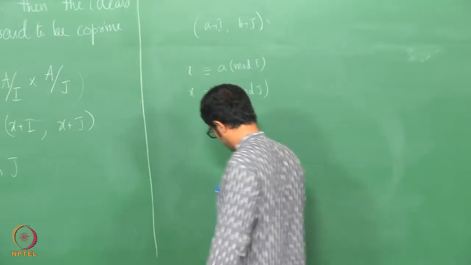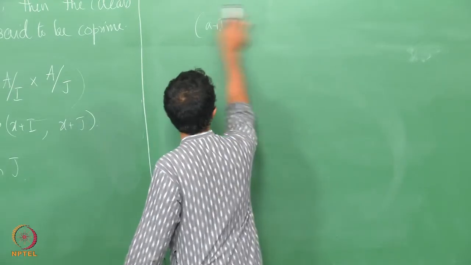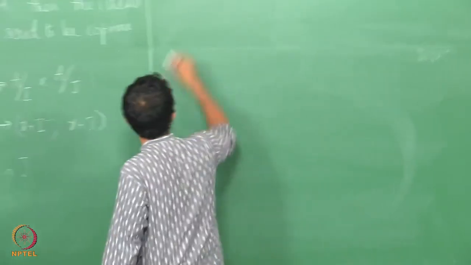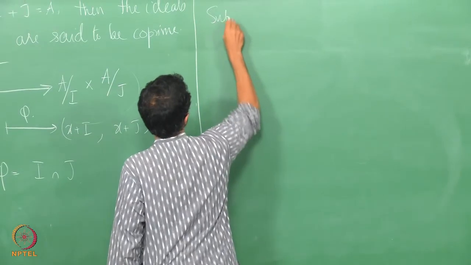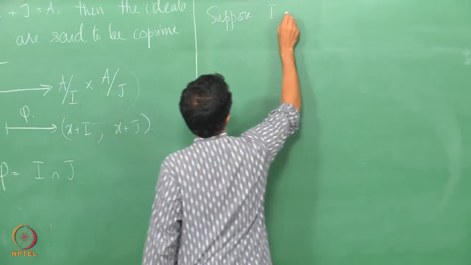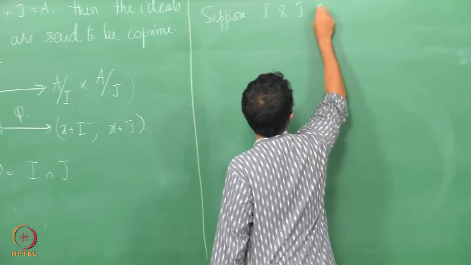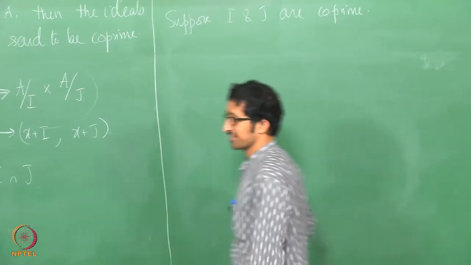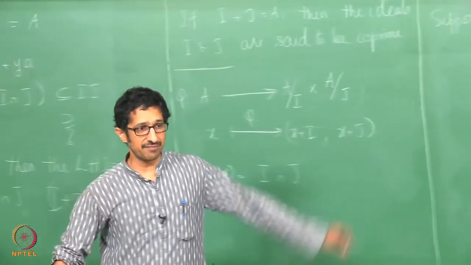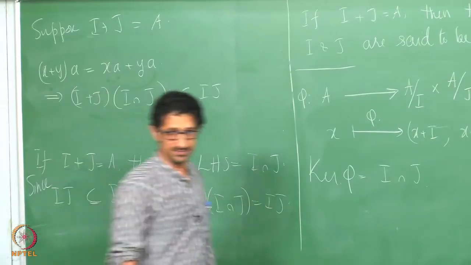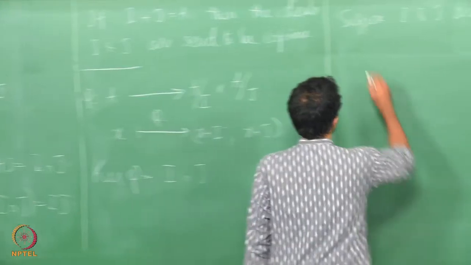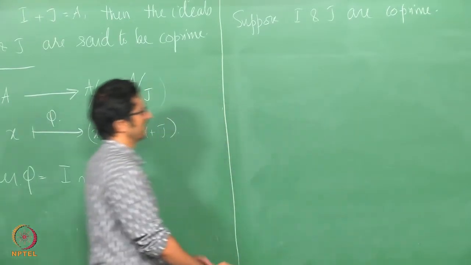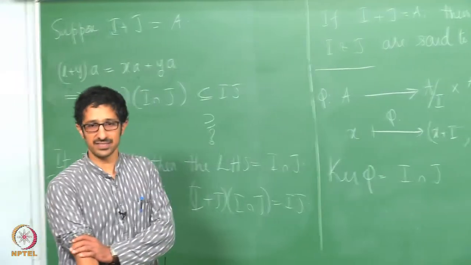So therefore, what should be the equivalent? If I and J are co-prime, so let's try to see. Suppose I and J are co-prime. Now, can we say that the map is surjective? So, how do I check whether the map is surjective?